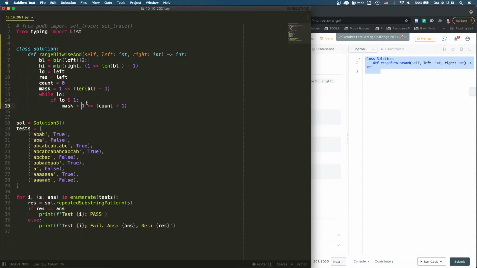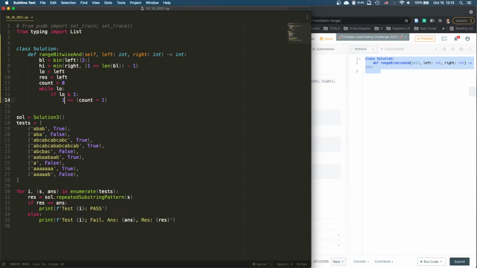It's not mask. So we're not going to do mask. So we're going to say the target, right? Whenever we find a target, see if it is smaller or bigger. So the target is going to be left exclusive OR 1 left shift count, right?